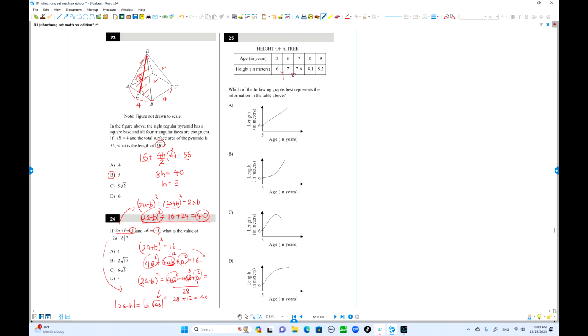The next is increased 0.6. The next one is 0.5. And the next is getting lower, right? Decreasing, right? The first one is a lot, but second is a little lower and lower, okay? But still increasing, right? So this is the answer, right? Okay.